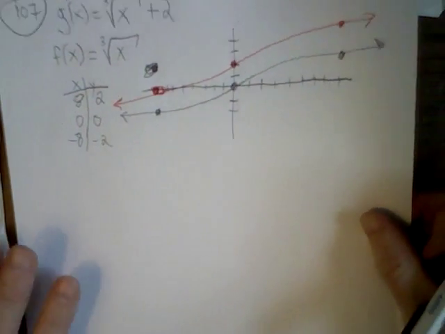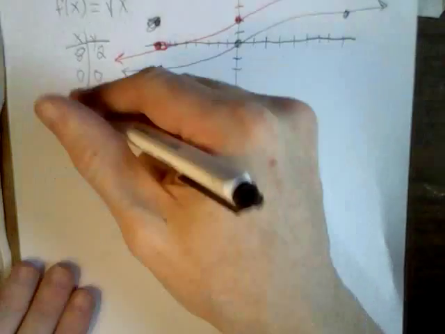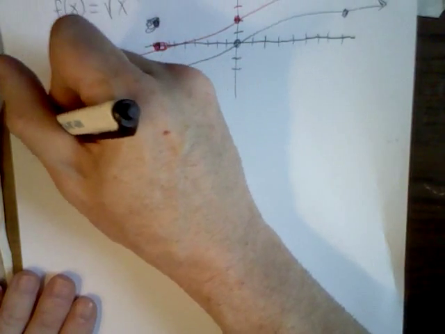The next one: if you can move it up and down, obviously you can move left and right, so that's going to be a horizontal shift.